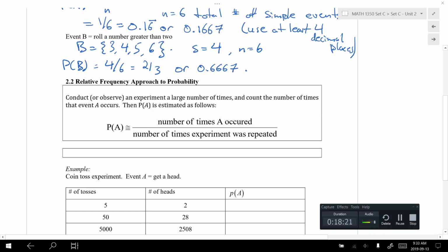You somehow conduct or observe the experiment a large number of times. This is important here, large number of times. And you simply count. You keep track of how many times your events occur and how many times your events are not occurring. Then we can think about the probability P of A as just being that ratio there.